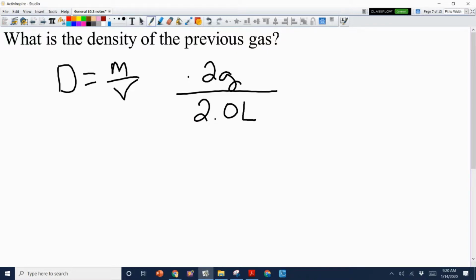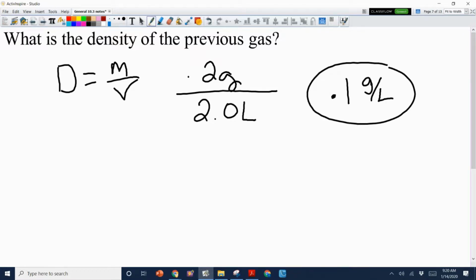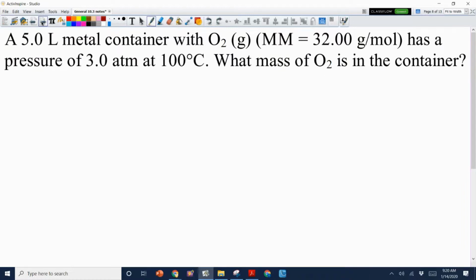So if we just do 0.2 divided by 2.0, we're going to get the density of 0.1 grams per liter. Grams per liter. There's your unit for that.